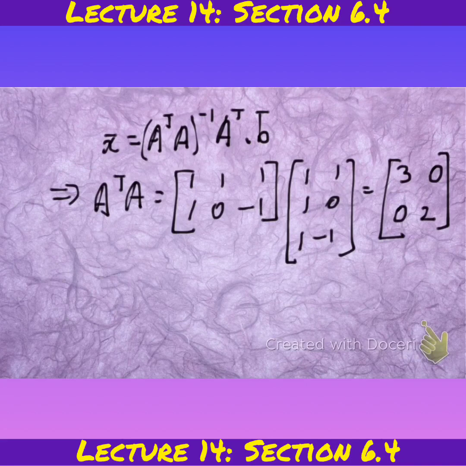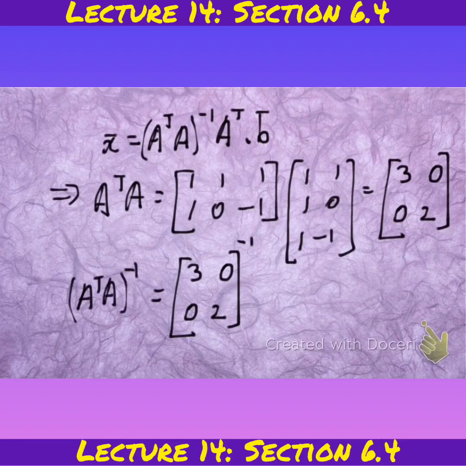Then if you take the inverse of that matrix, that is going to be A transpose A's inverse, which is going to be 1 over 3 because it's a nice diagonal matrix, okay?